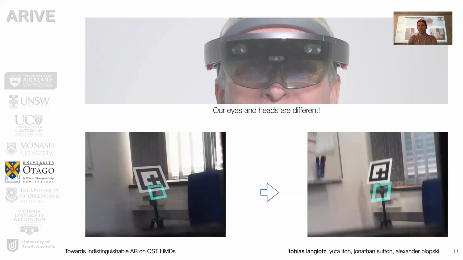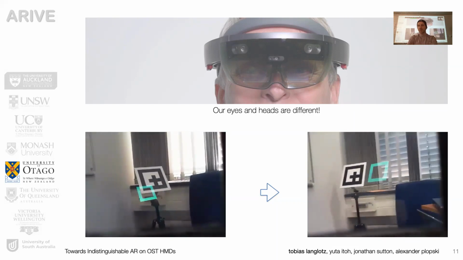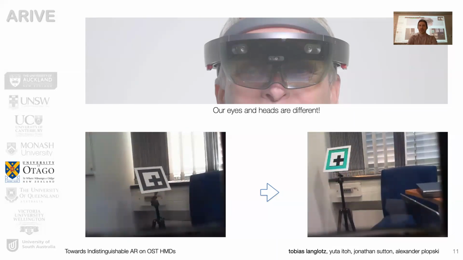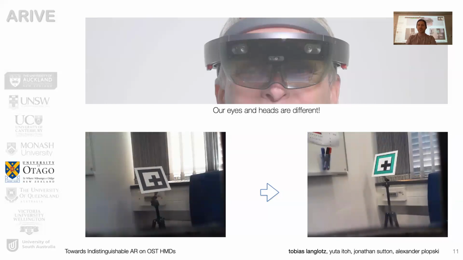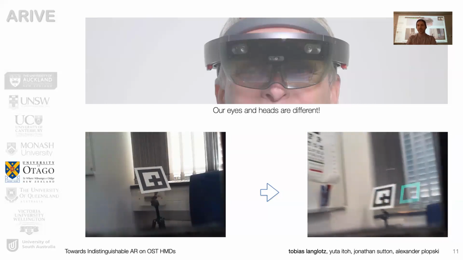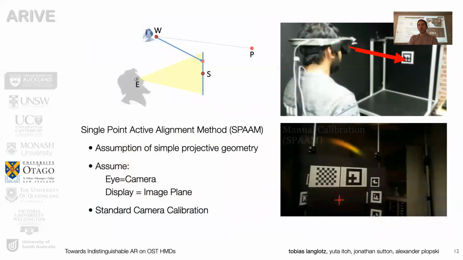There are a couple of other problems here because it's also latency, but here you see that once we stop moving, it snaps back. So it's very precisely aligned. This is not something that we can normally achieve with a Microsoft HoloLens because it has nothing to do with very precise tracking, but it requires that we do a display calibration.